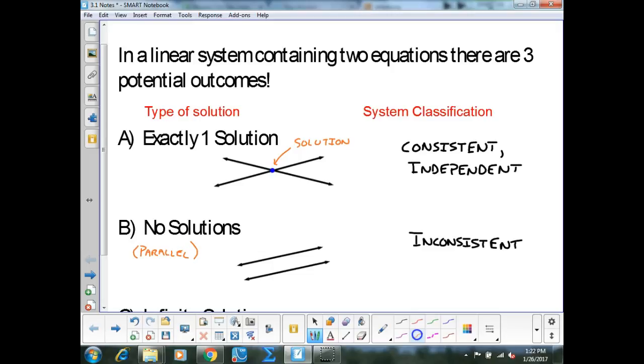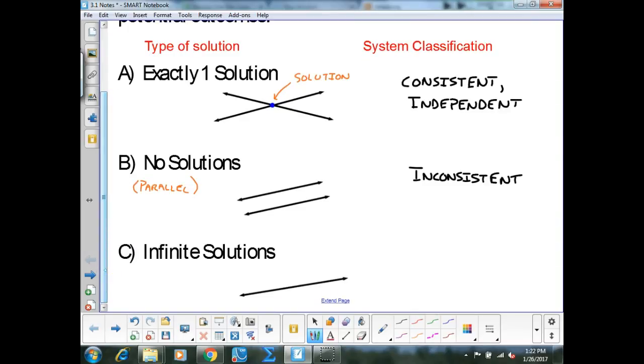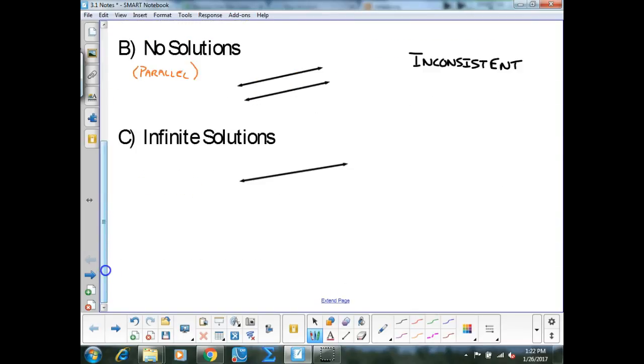They can intersect once, none, or what's my third option? What's that one? They can overlap, right? We could end up graphing the exact same line, and then that case would become infinite solutions.